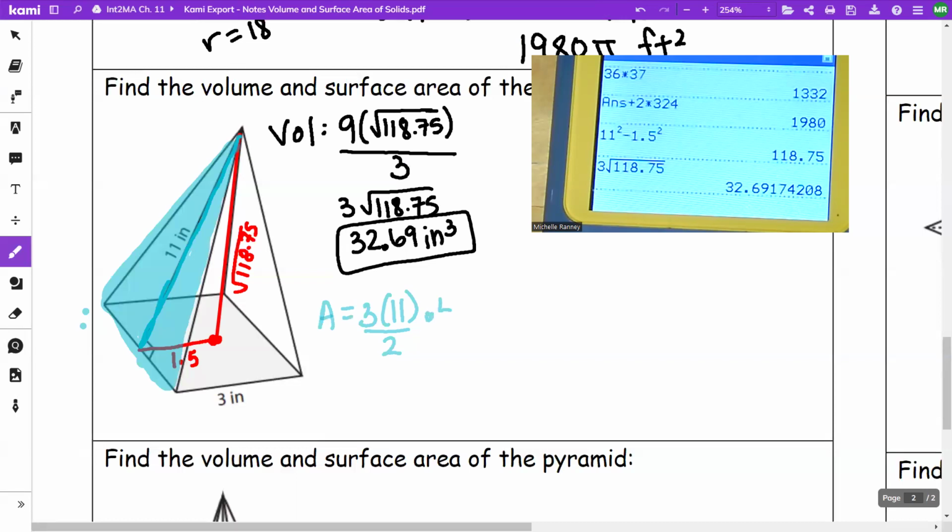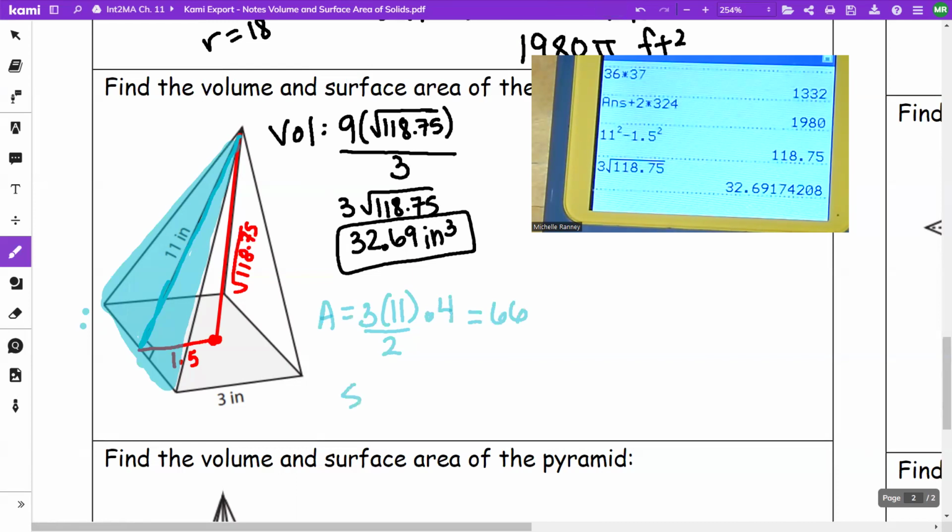And I happen to have 4 of those because it's a square. So that's going to be 3 times 11 times 2. I'm going to get 66 for that. And then I'm going to add that with the 9.